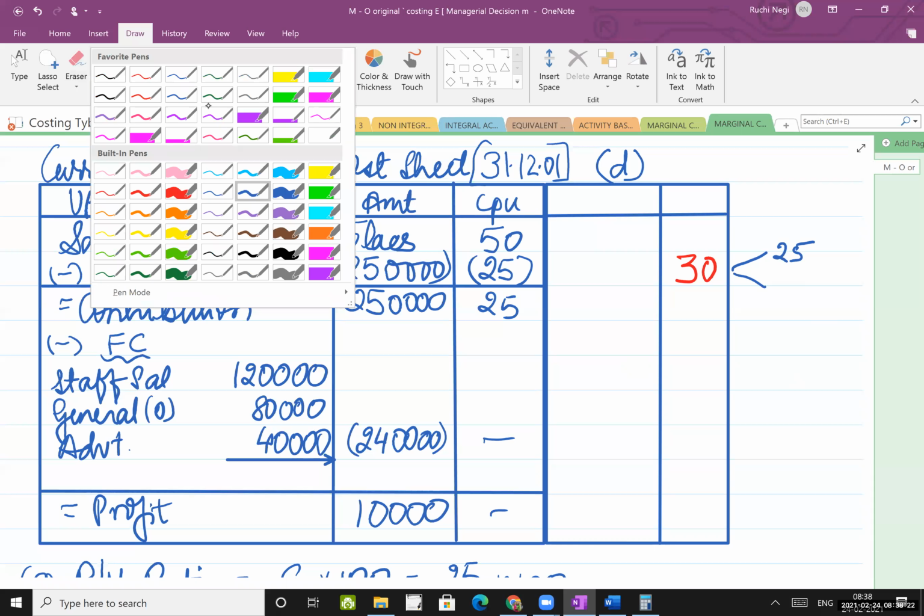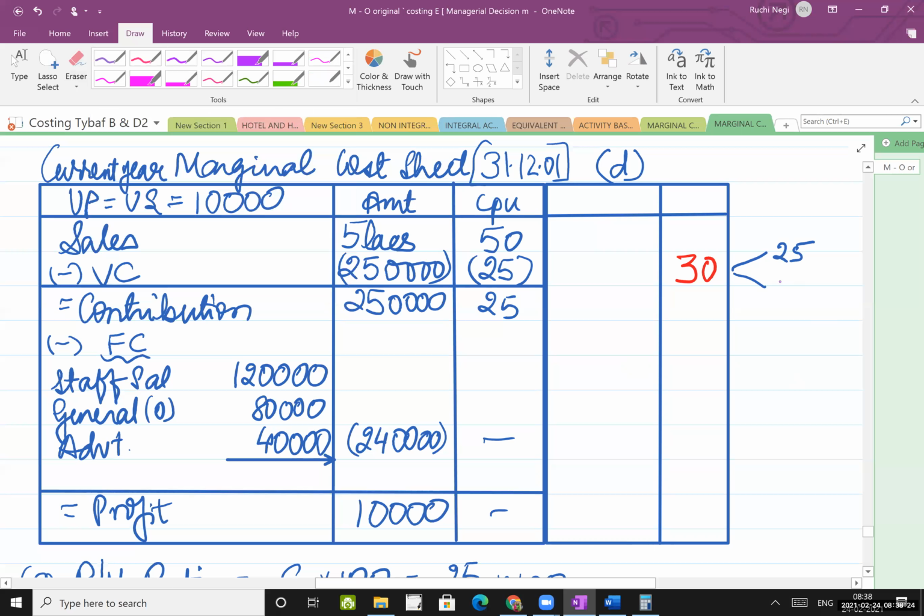And there will be a new addition of 5 rupees and selling commission. So that will make it 30. Rest other things will remain same.